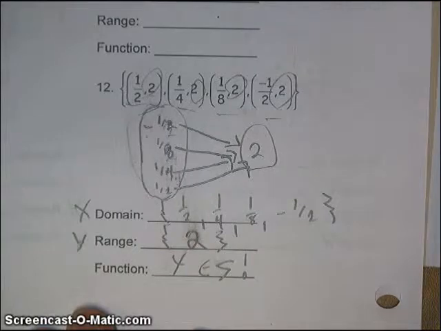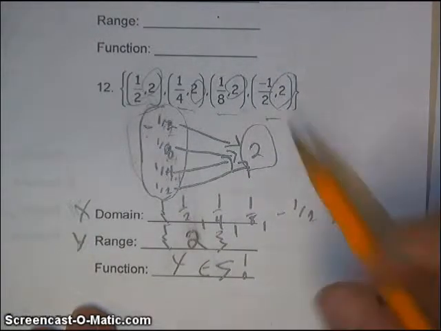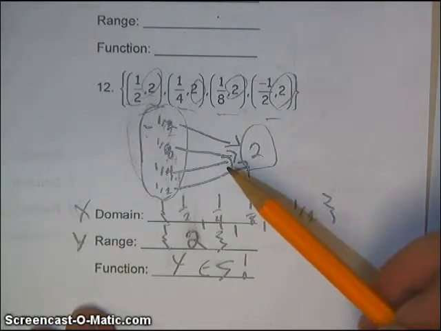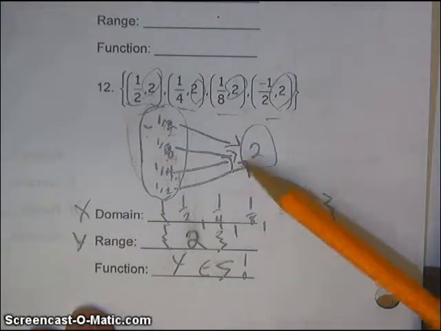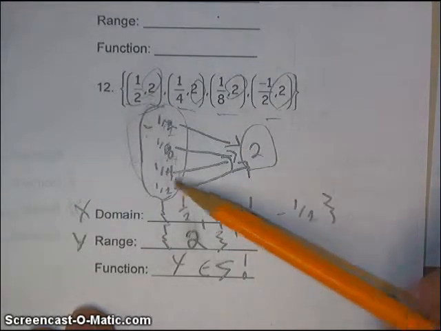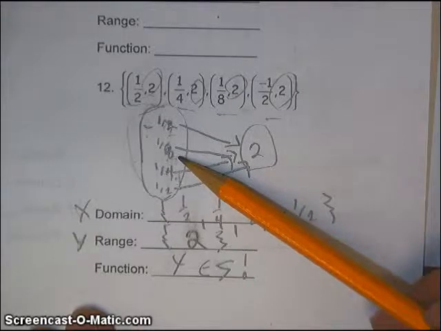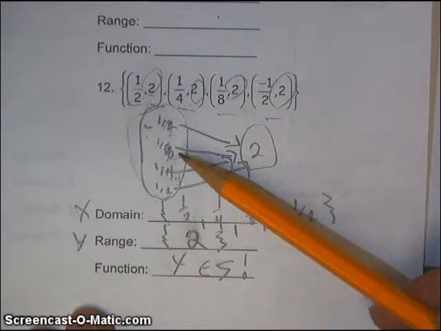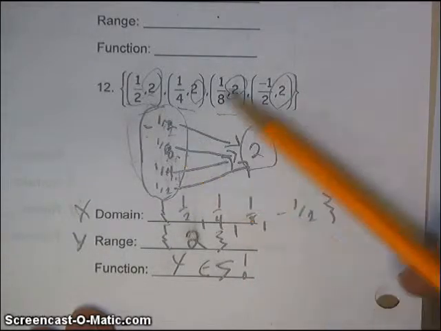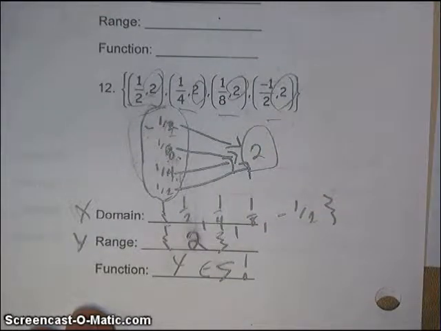So you just draw arrows from the input to the output, or from the piece of the domain to the piece of the range. Now the way you can tell from one of these mappings if it's a function: if 2 arrows come from the same piece of the domain and go to different y's, that's not a function. In this case, yes, it is a function.